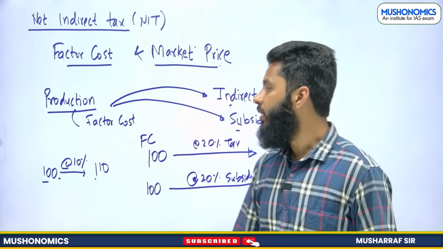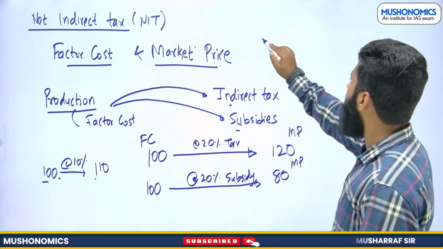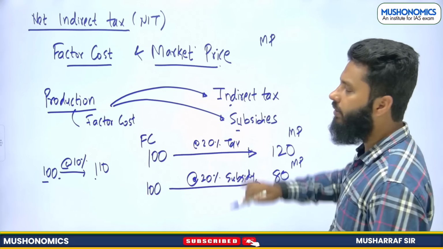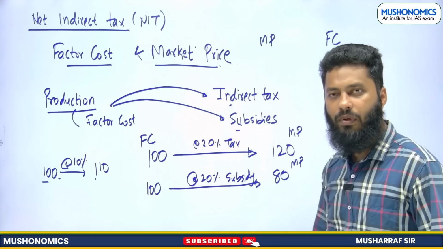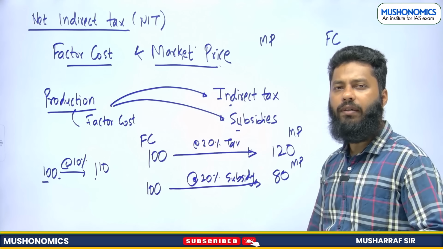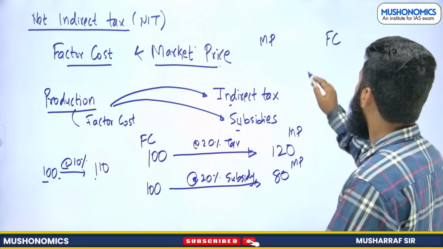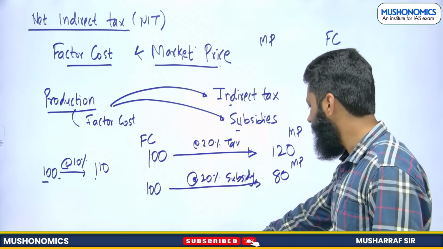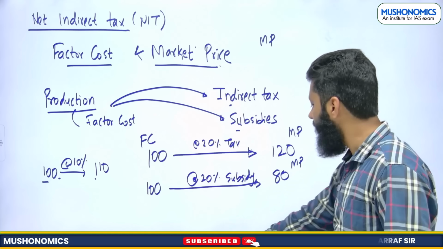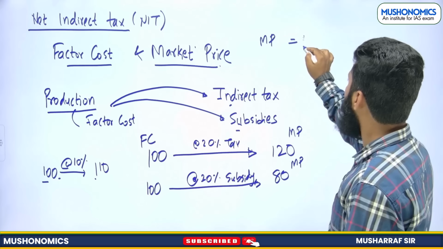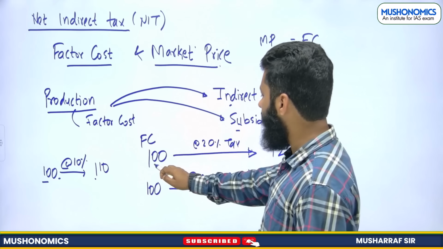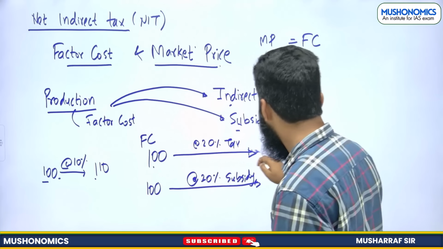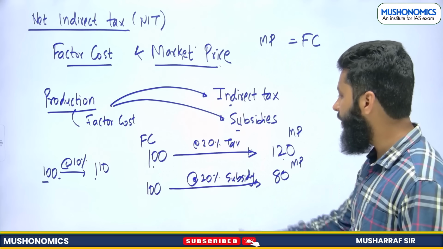So now what we have understood is that there is a market price and there is a factor cost. How do we get the market price? This is what we need to understand. If the factor cost was 100, the market price became 120 by adding the tax amount.